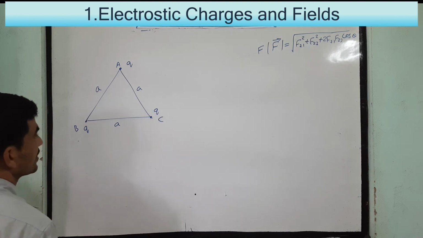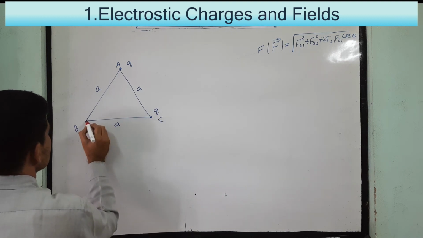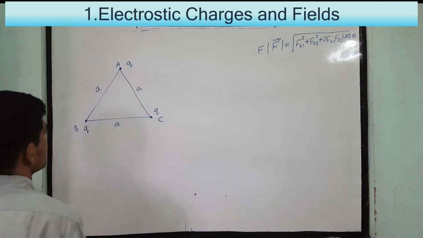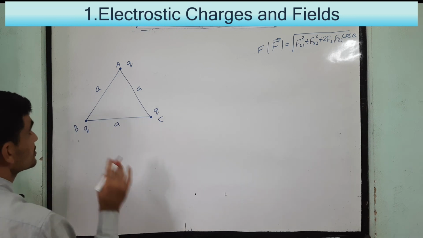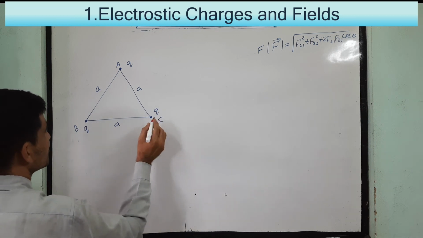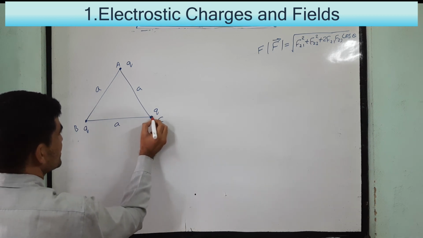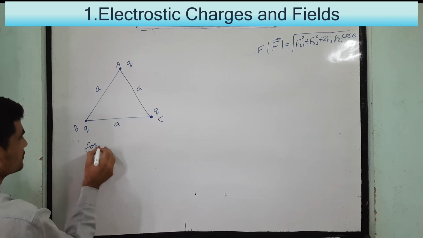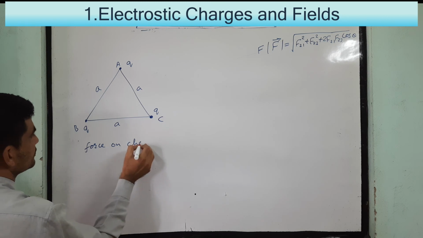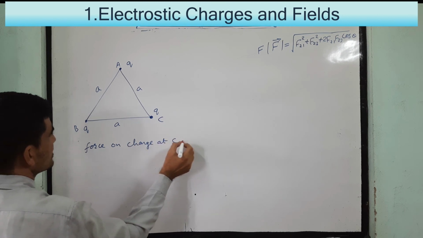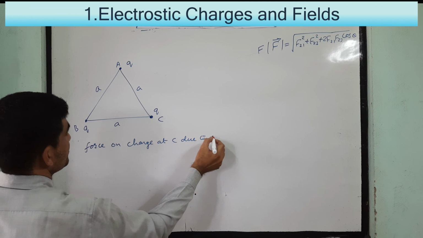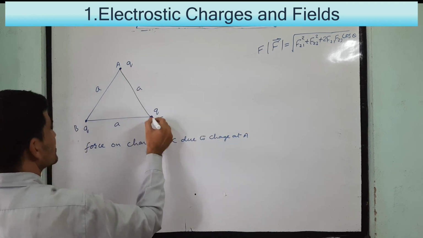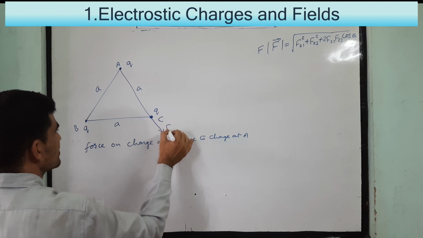You have to calculate the force on the charge q at C. First we will calculate the force on the charge at C due to the charge at A. This will be F1.